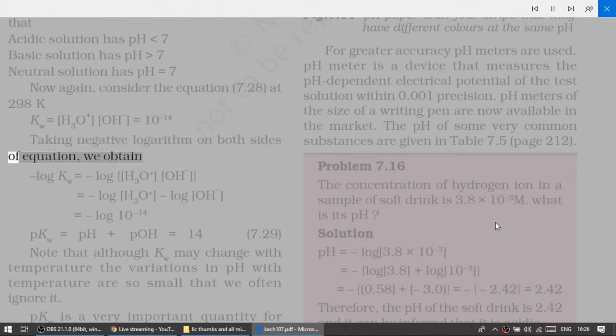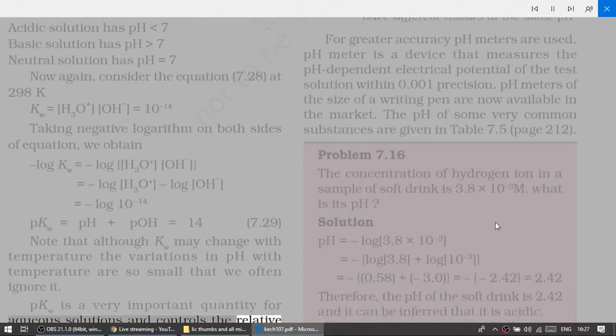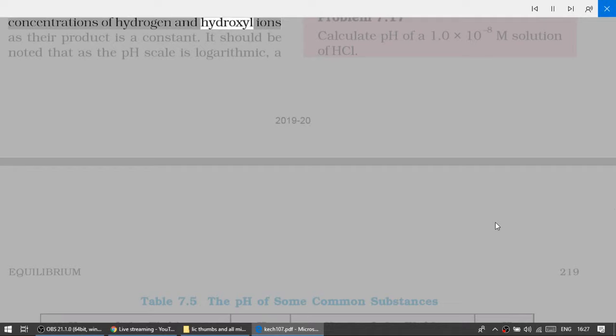Taking the negative logarithm on both sides of the equation, we obtain -log Kw = -log [H3O+] - log [OH-] = -log 10^-14. pKw = pH + pOH = 14. (7.29) Note that although Kw may change with temperature, the variations in pH with temperature are so small that we often ignore it. pKw is a very important quantity for aqueous solutions and controls the relative concentrations of hydrogen and hydroxyl ions as their product is a constant.